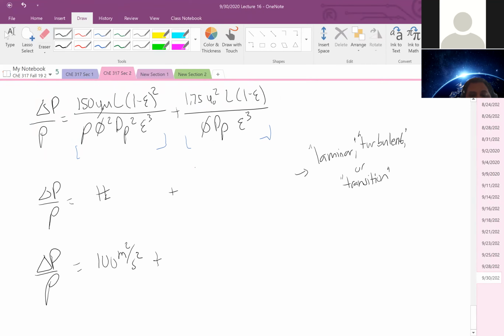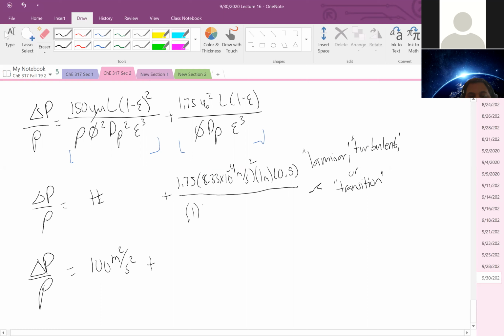So for this one, we have 1.75 times 8.33 times 10 to the minus 4 meters per second times 1 meter. The void fraction was 0.5, correct? Velocity should be squared, yes. Divided by phi, which is 1. The diameter of the particle is 5 times 10 to the minus 5th meters, and 0.5 cubed.